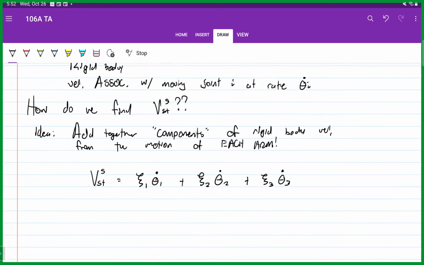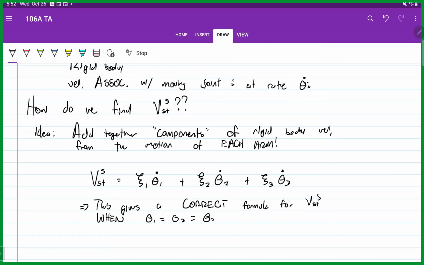So this gives us a correct formula for V_st when theta1 plus theta2 plus theta3 equals 0. So when all of our joint angles are at 0, this is going to be perfectly fine.